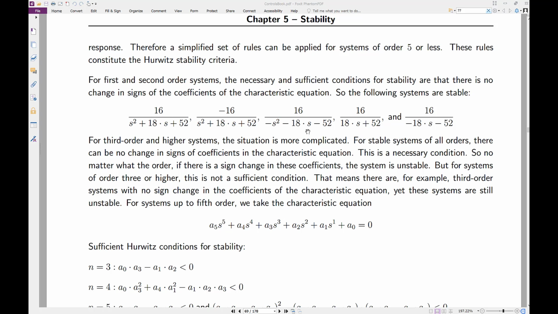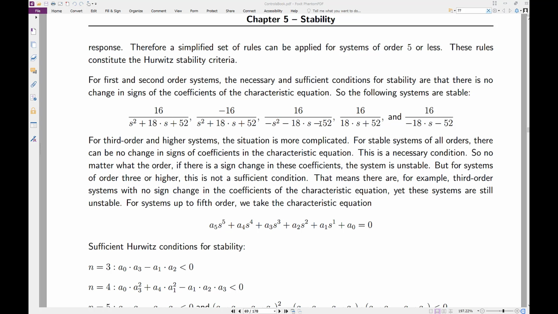So if you see sign changes in the denominator of the transfer function, you can say automatically this system is unstable. Stop. No more analysis needed. Now, that is not a sufficient condition. What that means is that if you have sign changes, then the system is unstable.